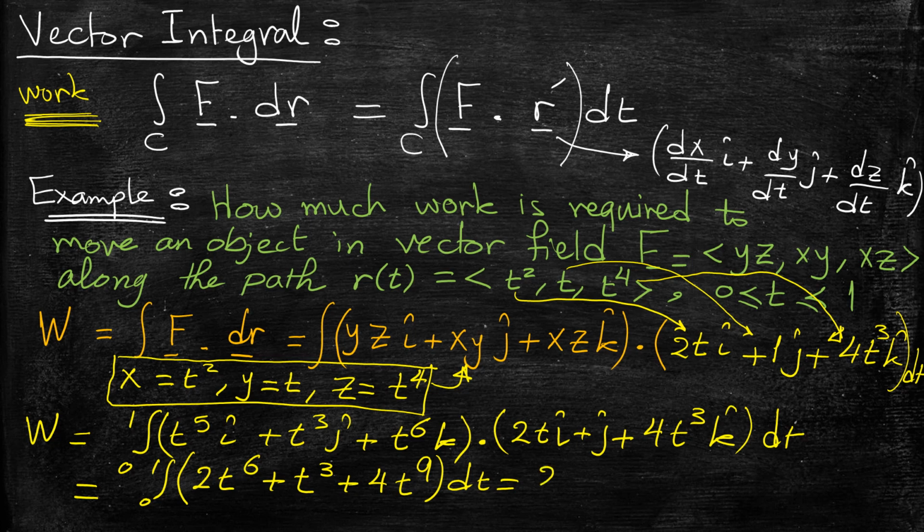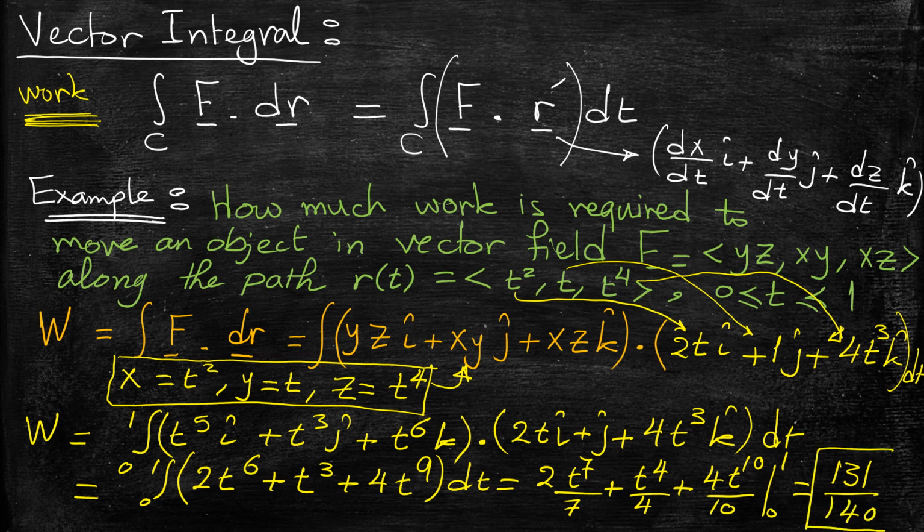It will be 2t power 7 over 7, t power 4 over 4, 4t power 10 over 10, substituting with 0 and 1, and then doing the simplifications, this will give us at the end 131 over 1. And this is the simplification of this value here.